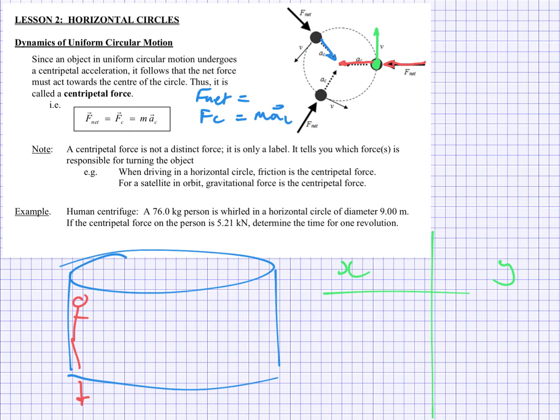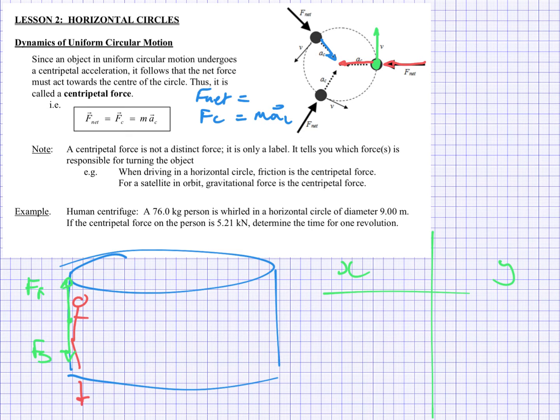If we're looking at the vertical forces, this would be in equilibrium. If the floor's dropped away and you're suspended, stuck to the wall, clearly there's going to be a force of gravity, and that's going to be equal and opposite to the frictional force coming from the interaction of the wall with the back of the human.